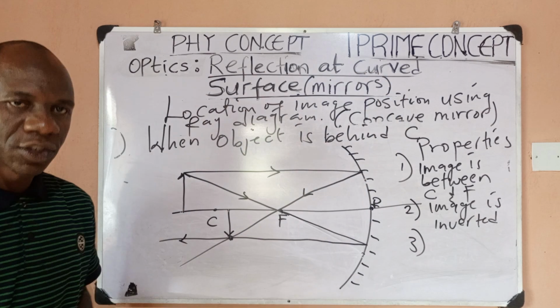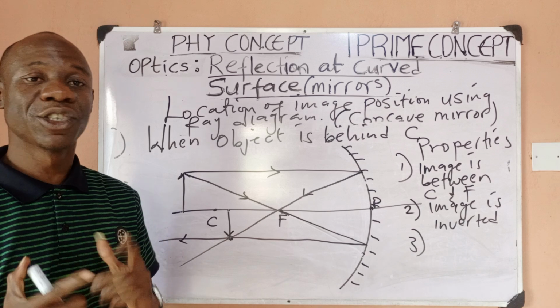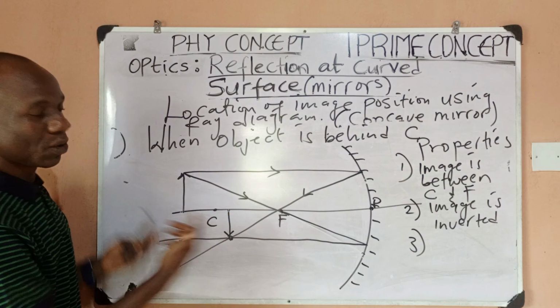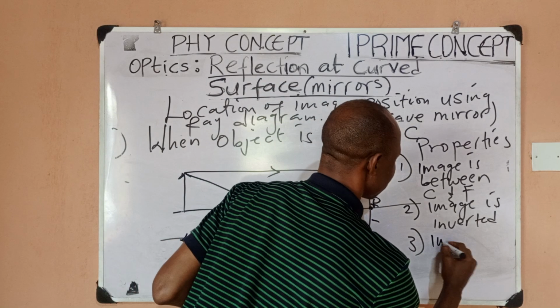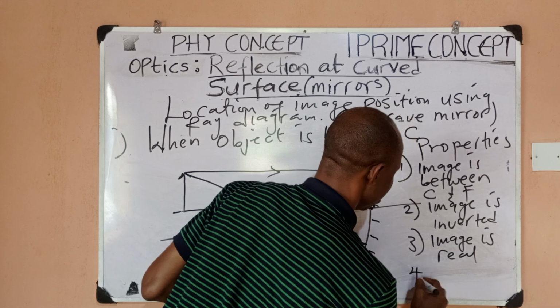So now, of course, you should know when an image is inverted, automatically that image should be what? Real. Very correct. So now the image is real. Why is it real? Because it is located in front of the mirror. So the image is real, right?